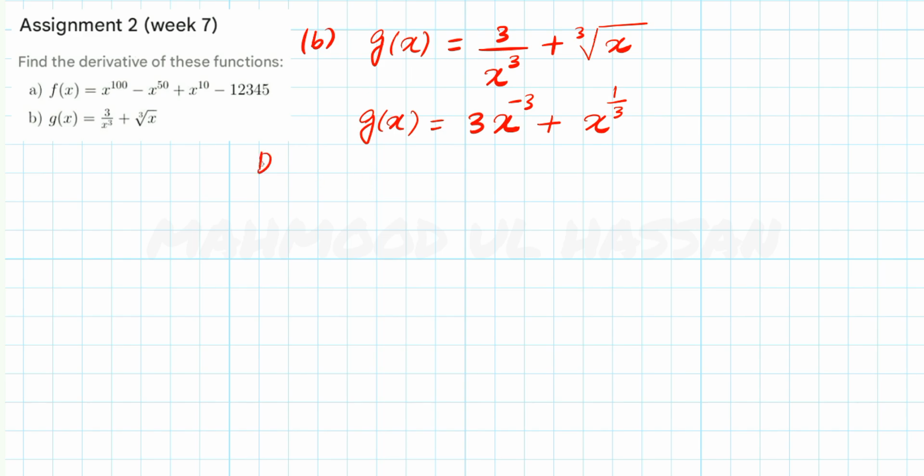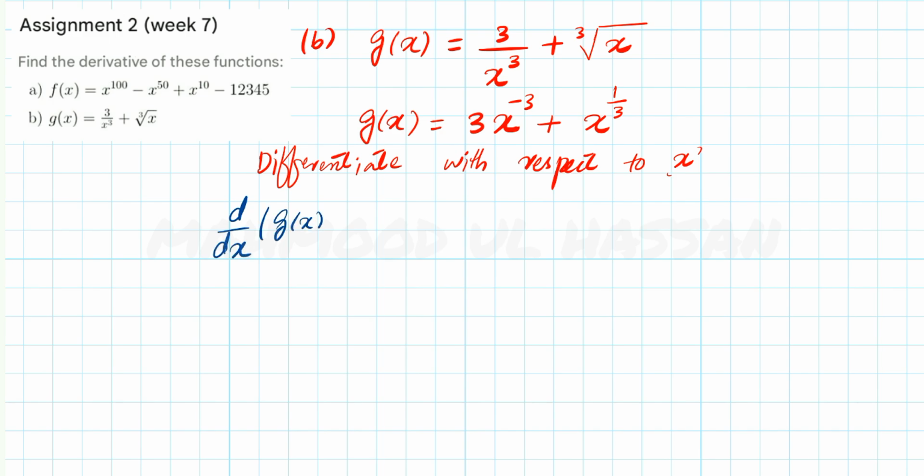Now we have to differentiate this function with respect to x. Okay, so that is d over dx of g of x is equal to the derivative of the right side, that is 3 times x to the power negative 3 plus x to the power 1 by 3.